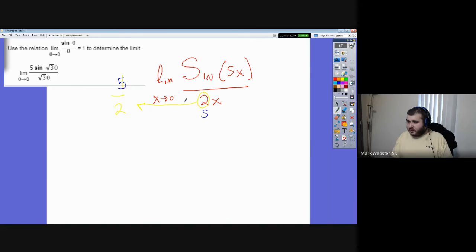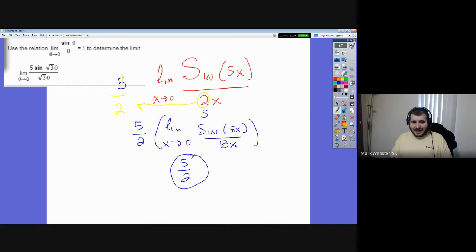So you yeet the 2, replace it with a 5, and look what you've got now. 5/2 times, and then this part is just 1, and then you're just left with the 5/2. Ta-da!